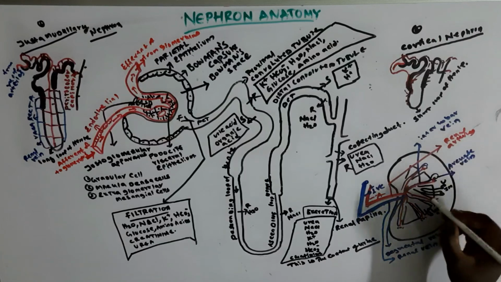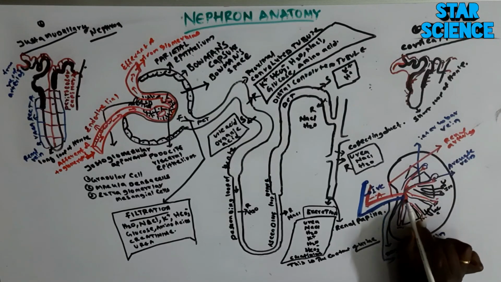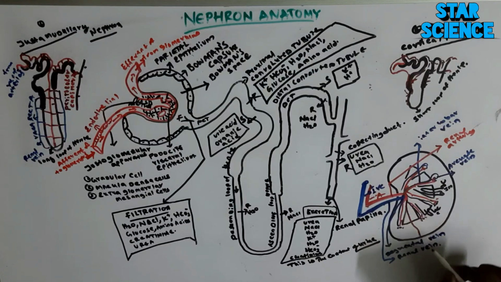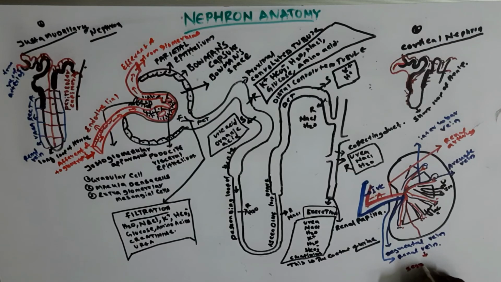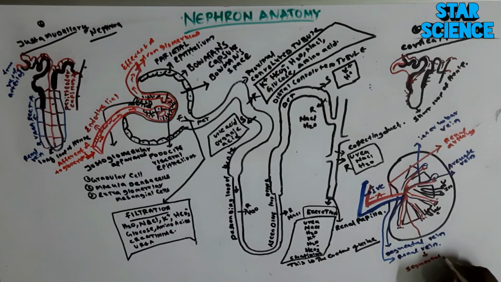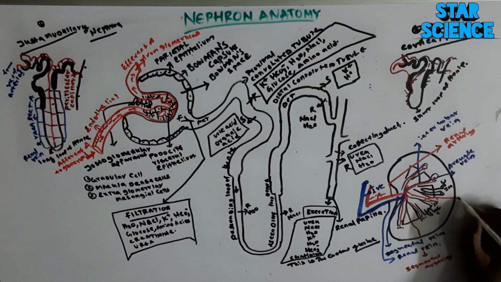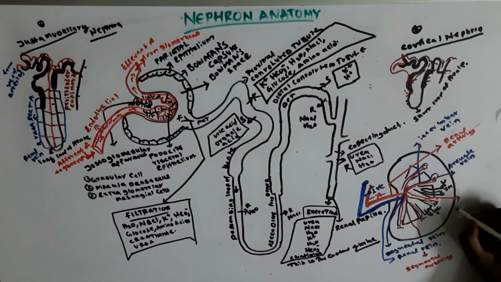As soon as it enters the kidney, it becomes a different artery, and I'm showing you that branch, it is called the segmental artery. So the renal artery carries blood from the aorta into the kidney, and as soon as it enters the kidney, it gives a branch, the segmental artery.